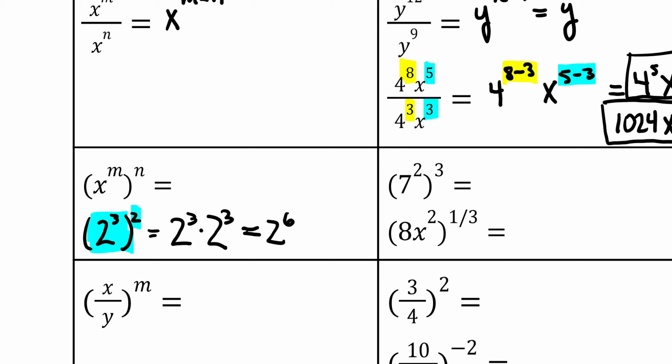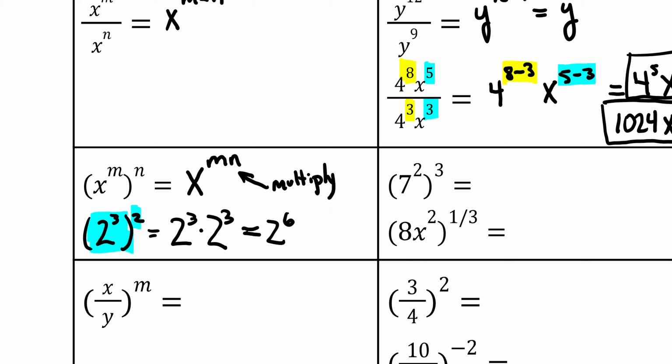But what did I do with this 2 and this 3 to get that 6? The answer is I multiply them. So x to the m raised to the nth power is x to the m times n power, and remember that when you have two variables right by each other, that means they are multiplied.